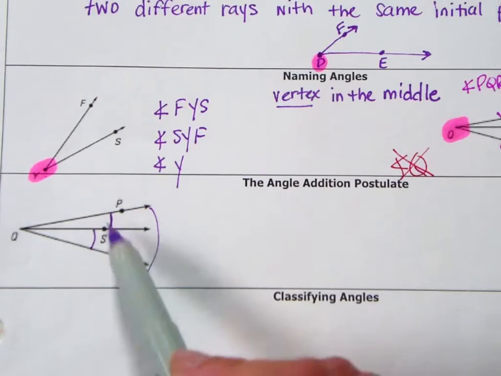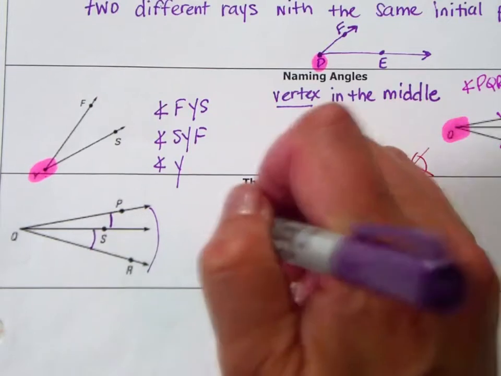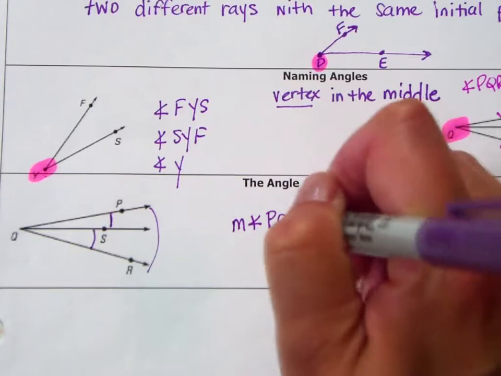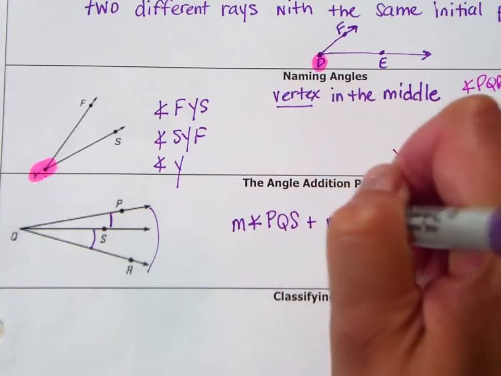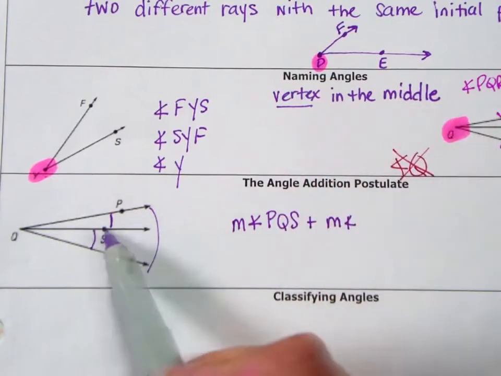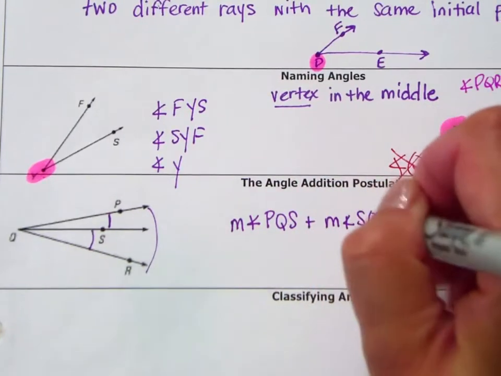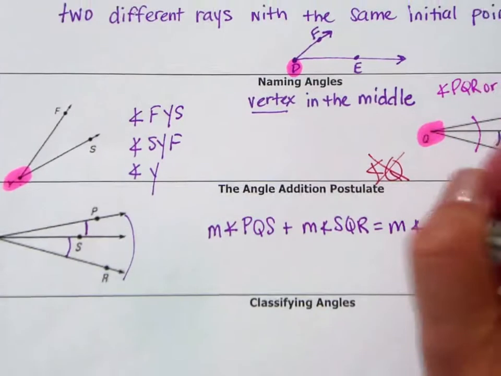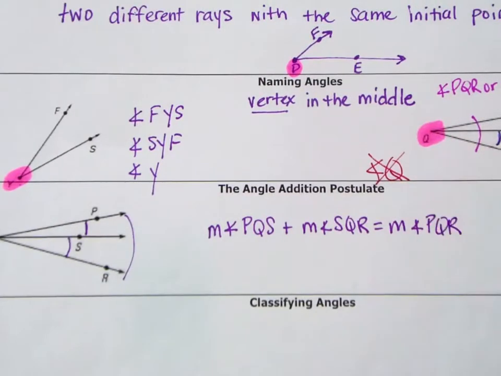We are going to use our letters to name these angles. The measure of angle PQS plus the measure of angle SQR equals the measure of the big one, PQR. Again, that's very similar to your segment addition postulate.